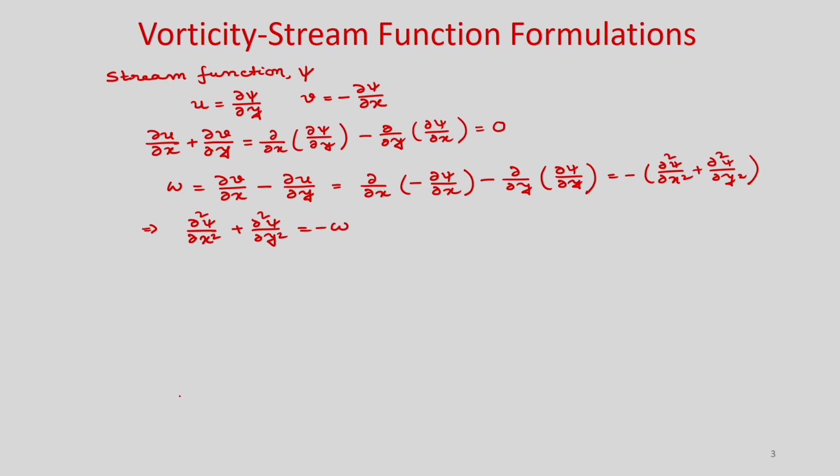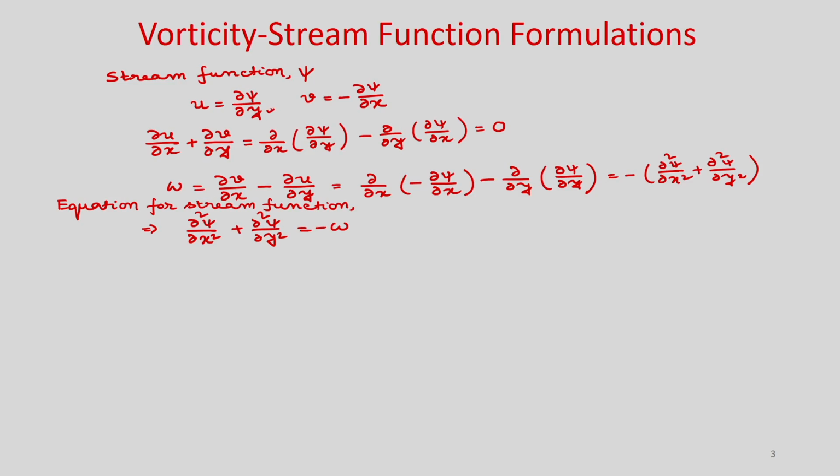So, this is the equation for stream function. This equation is obviously an elliptic type equation, so it is a Poisson equation.